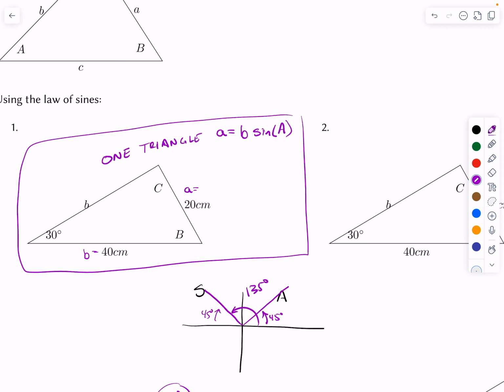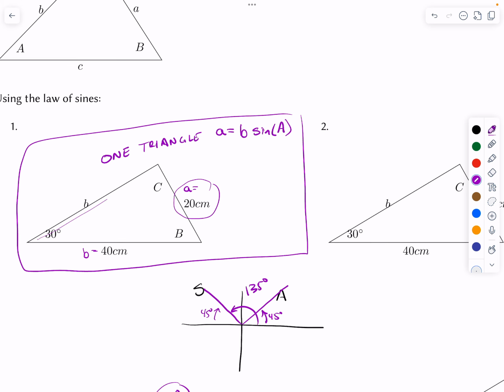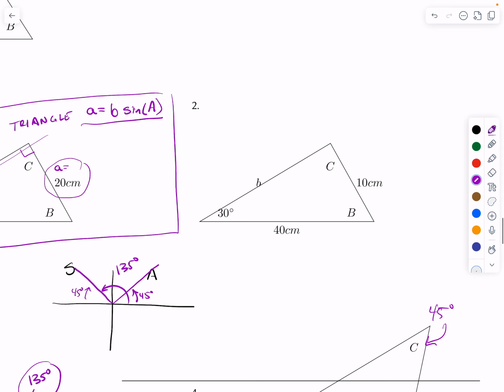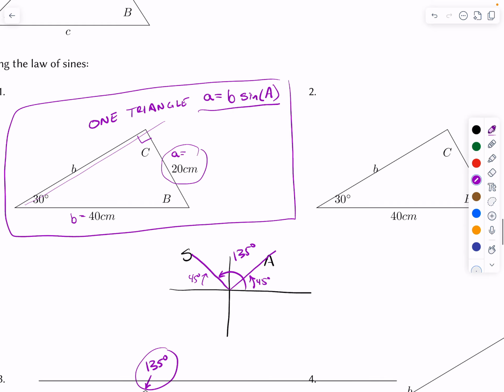One way to look at this is that this side has to stretch its way to this side over here, and if it's exactly the right distance, then this ends up being a right angle. So whenever a is equal to exactly b times sine of A, you get a single triangle.